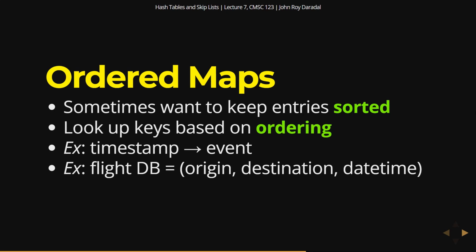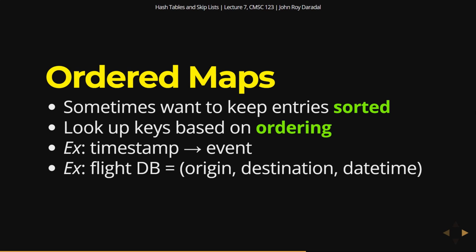So you could sort the entries by the origin, by the destination, or by their date and time. Different applications will call for different types of ordering, so it depends. But yes, we might want to order the entries in the map in these situations.